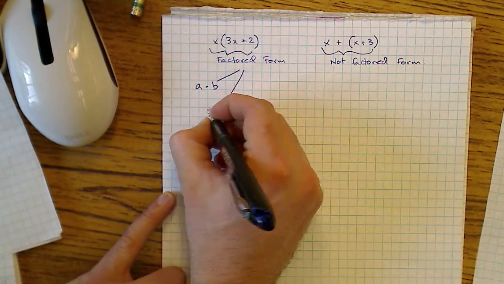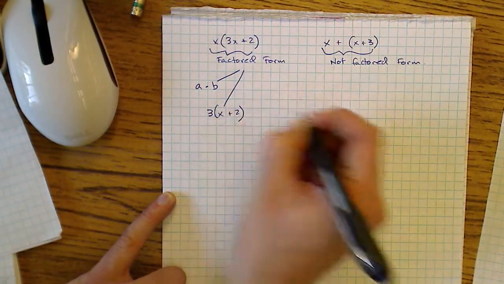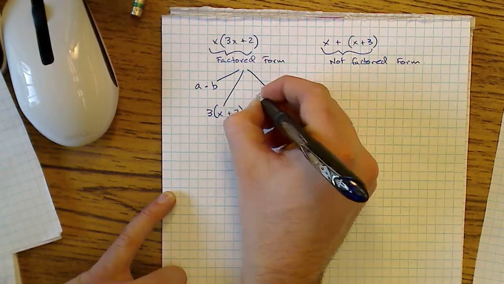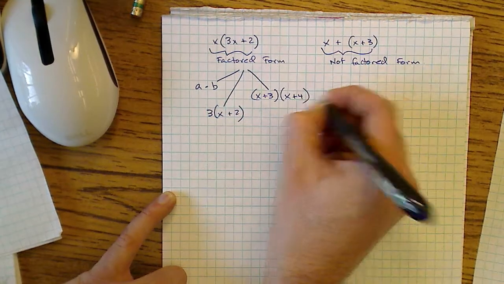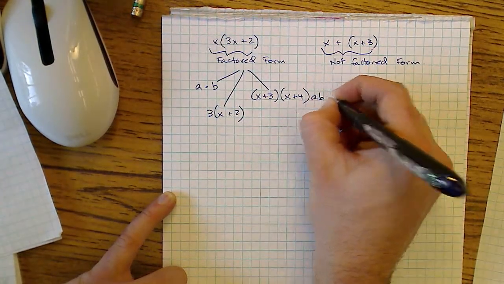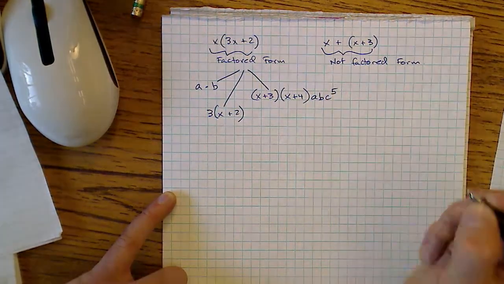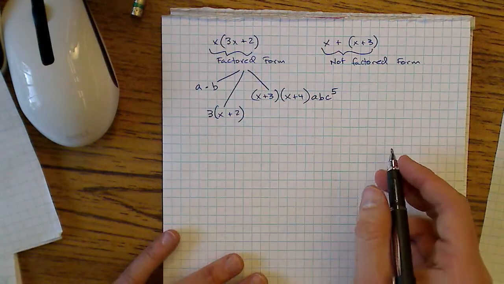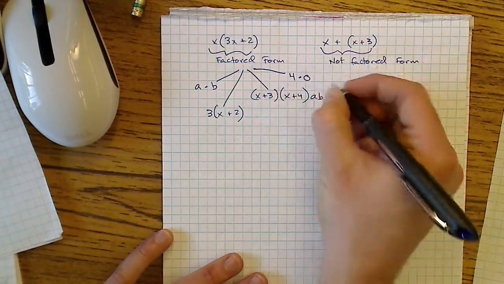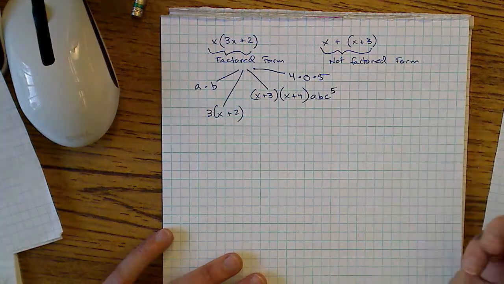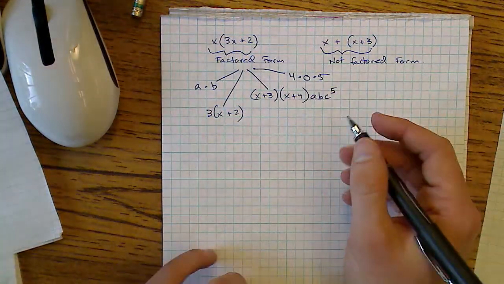It could be 3 times (x plus 2). It could be (x plus 3) times (x plus 4) times abc to the 5th. It's even when you multiply numbers like 4 times 0 times 5. Those are all examples of factored form.